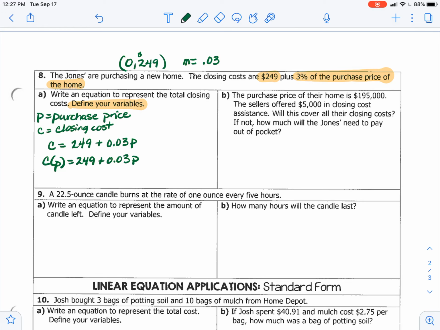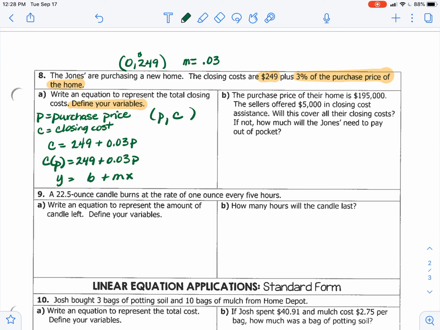So over here, the purchase price of the home is $195,000. So we're going to come back over here because I didn't put it in here. So when you look at this, guys, this is in y equals b plus mx form, I'm going to switch it around. And so your x is your purchase price and your y is your cost.